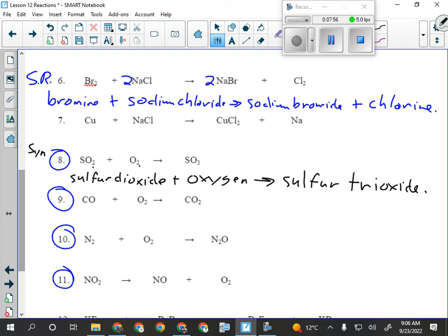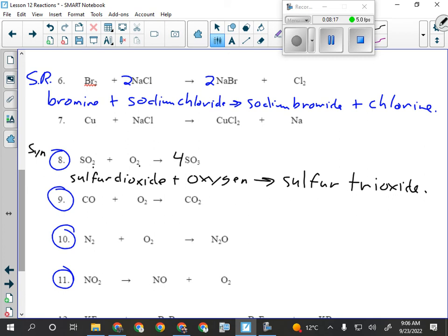And on this side, there are 3. What's the lowest common multiple of 4 and 3? 12. So that's where I'm going to start. I might have to reduce later, but I'm going to start by trying to make sure I have 12 oxygens on both sides. So what do I have to put in front of sulfur trioxide?